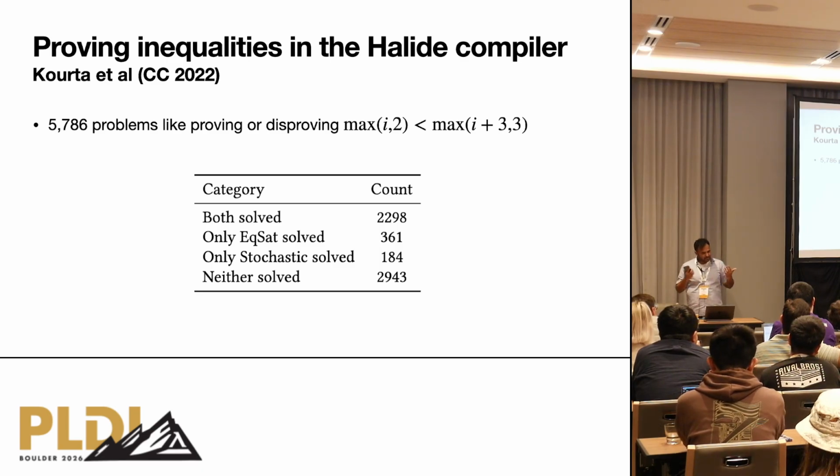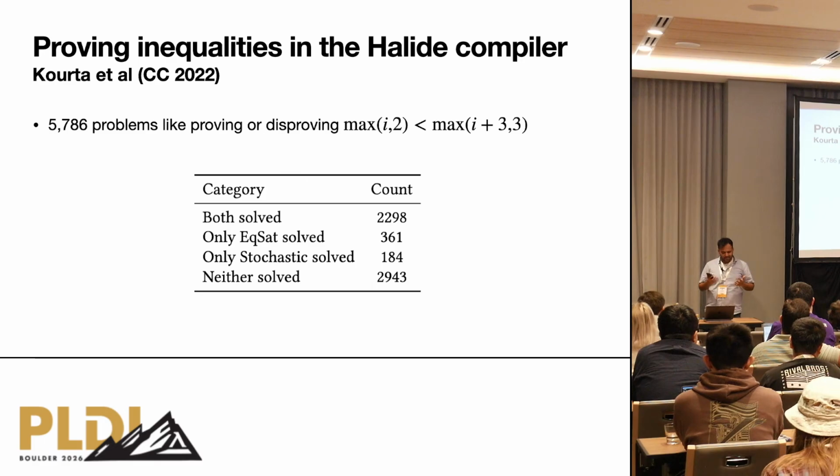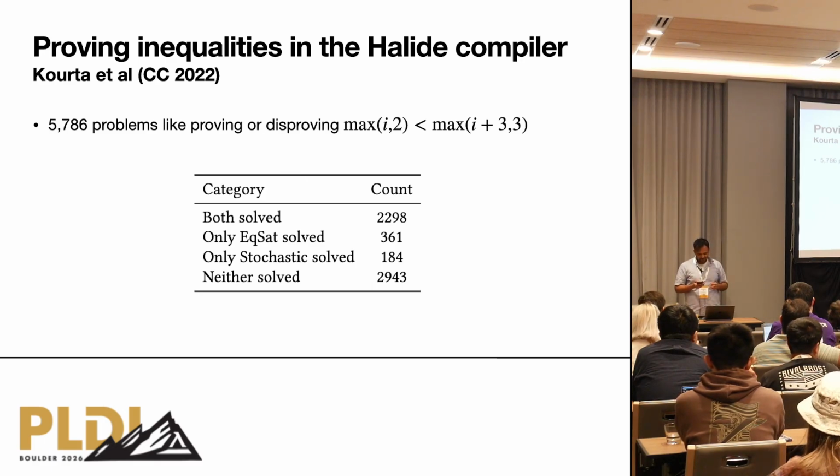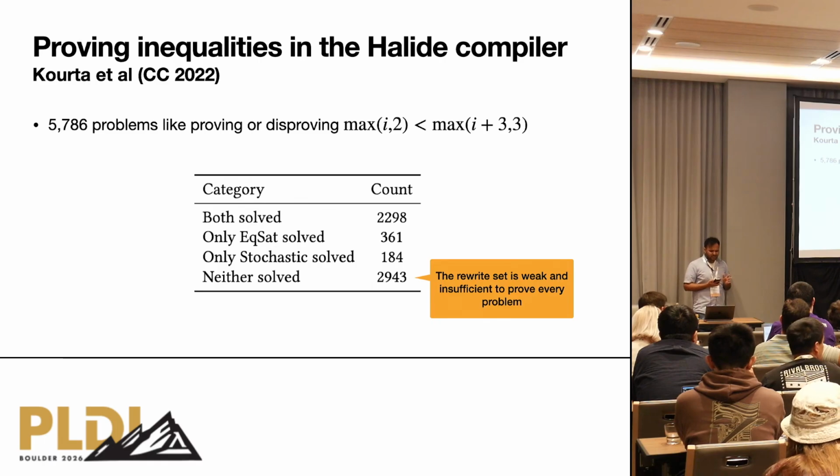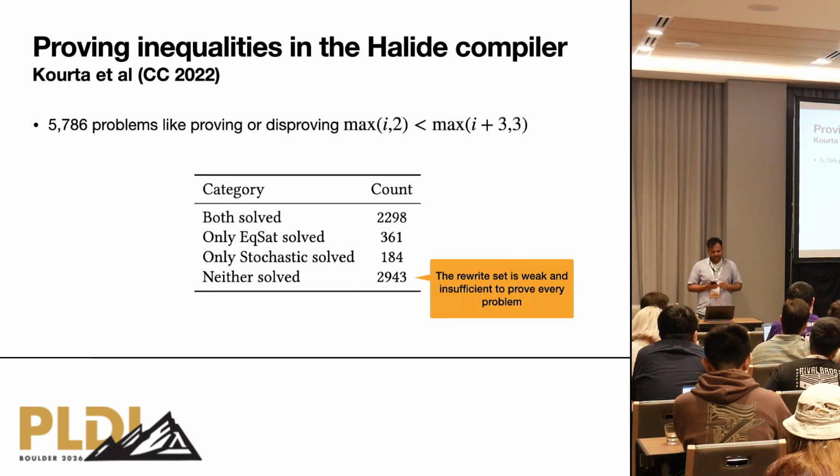Again, it's the same kind of thing. We have a core set of problems that both techniques solved, and then a few that EqSat solved and stochastic didn't, and some that stochastic solved, EqSat didn't, and then a large set actually that neither could solve. And this is not surprising because it just so happens that the rewrite set in this paper is quite weak and therefore insufficient to prove every problem.